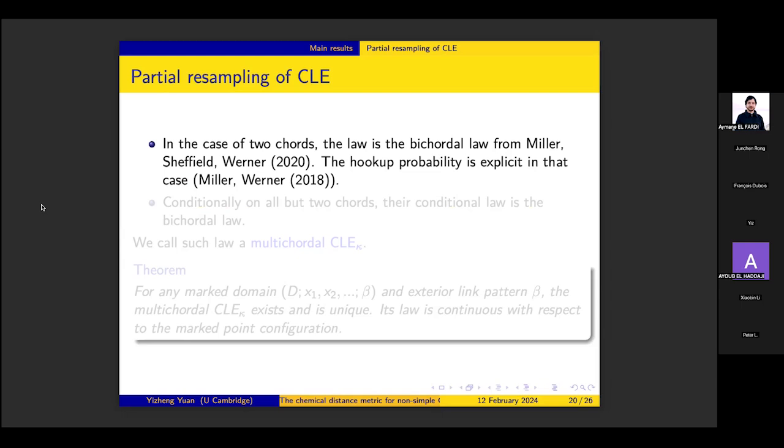Suppose that this is the exterior link. Then you have 2 possible linking patterns: one is this one, the other possibility is that they link in this way. The probability of which one occurs has been explicitly computed in these papers. This is what we call the bichordal CLE law.